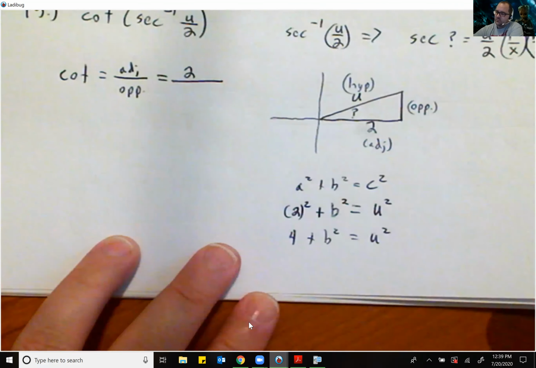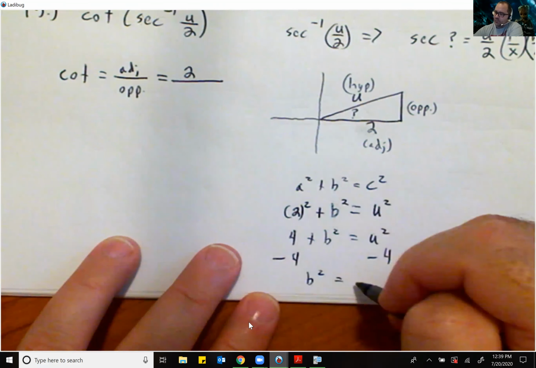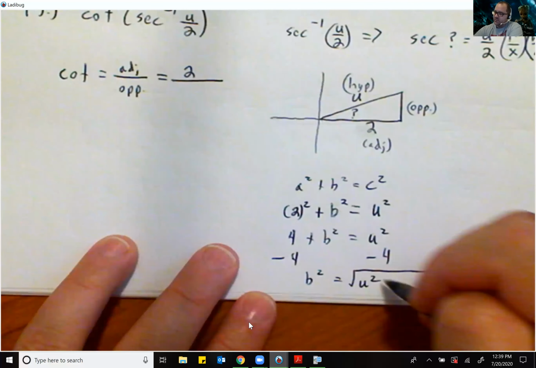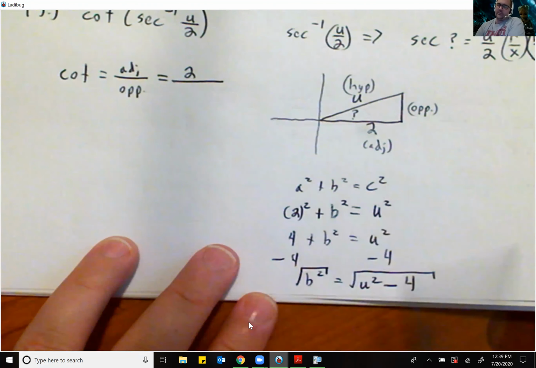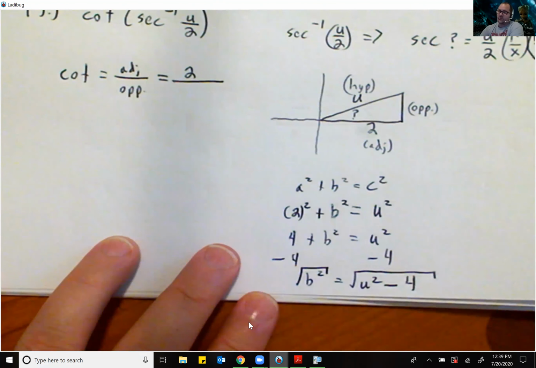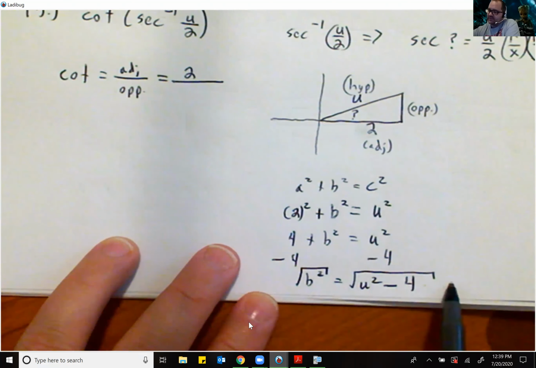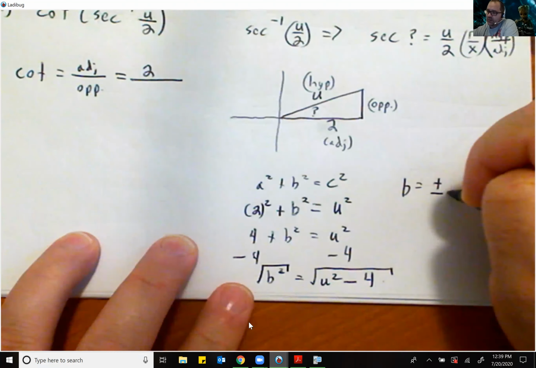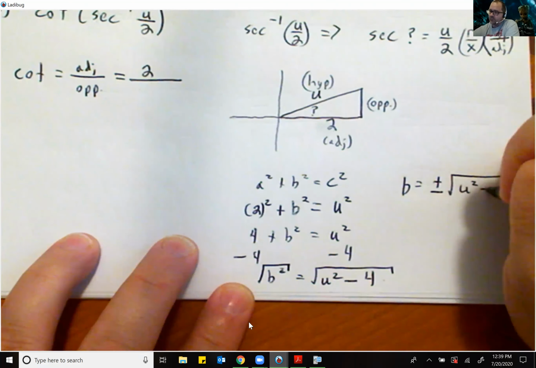Subtract 4. Sorry, I didn't mean to put the square root. I just alluded to the answer. B squared is equal to U squared minus 4. And then how do I get rid of something squared? Square root both sides. So B is equal to plus or minus the square root of U squared minus 4.